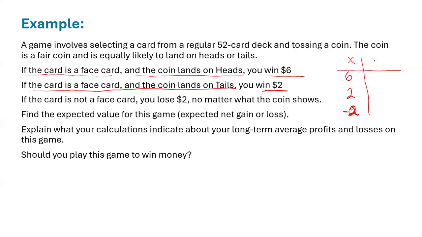And now we have to find the probability for each case. You win $6 if the card is a face card and the coin lands on head. Now you ask yourself, what's the probability of getting a face card on a regular 52 card deck? How many face cards do we have in the deck? We have 12 face cards. So the probability of getting a face card is 12 out of the 52 cards.